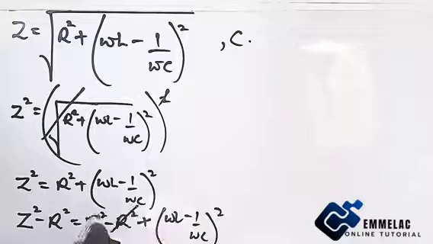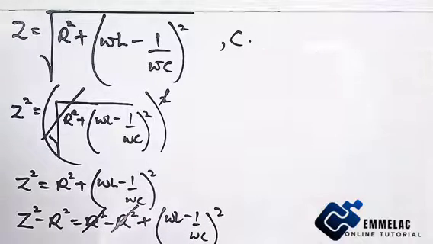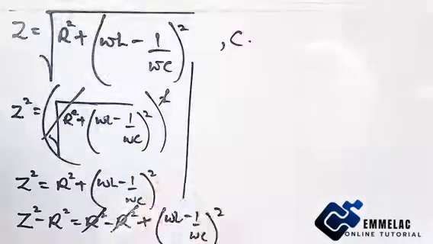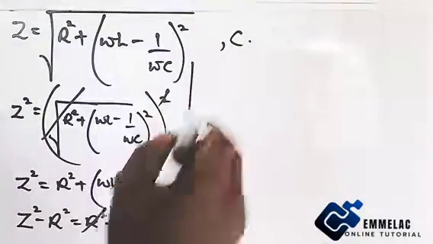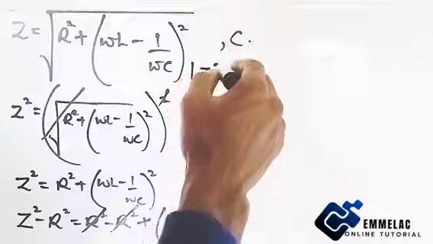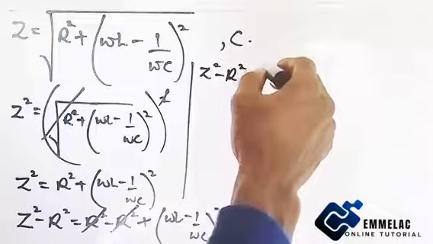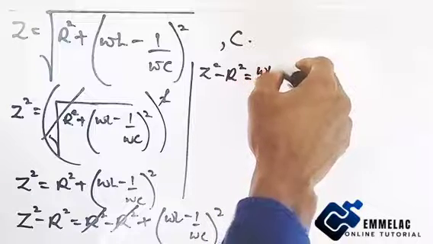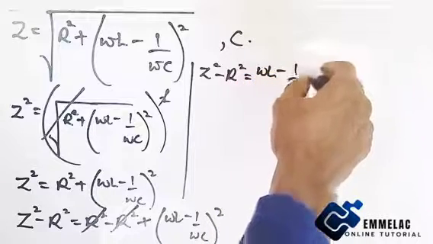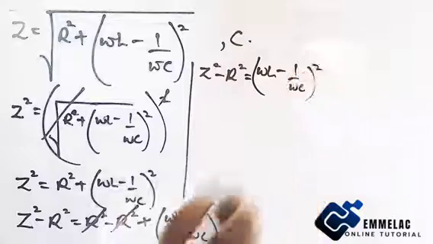You can see this cancels out this. Okay, so let us come over here. So here we have that Z squared minus R squared now equals WL minus 1 over WC all raised to power 2.